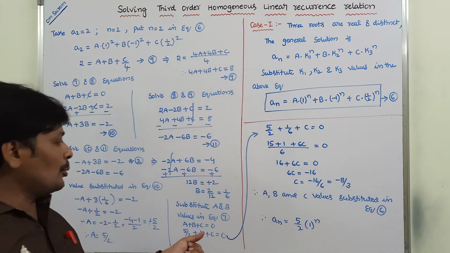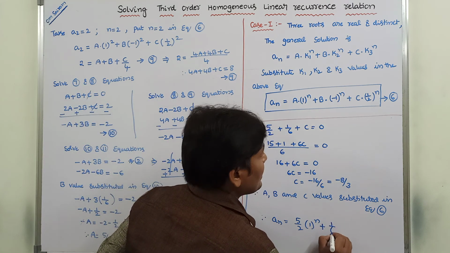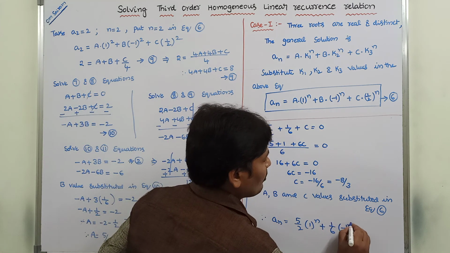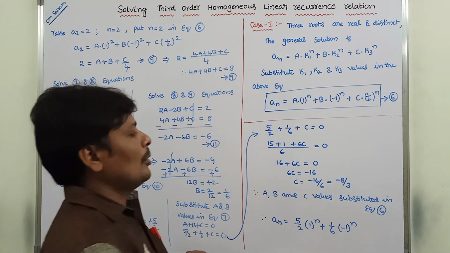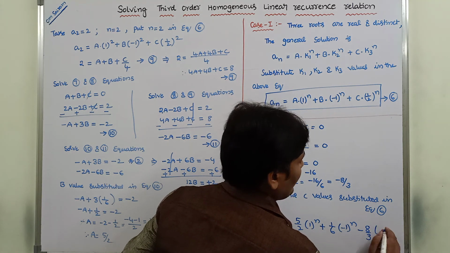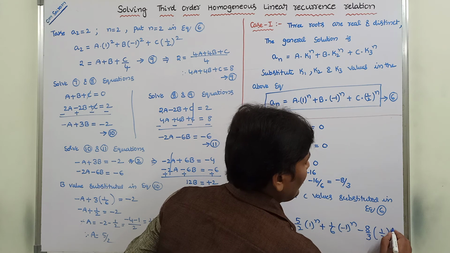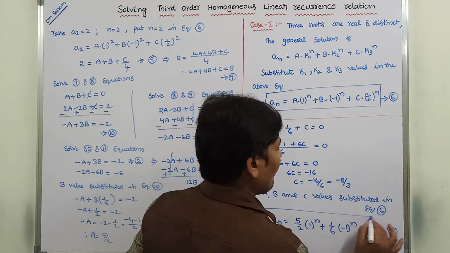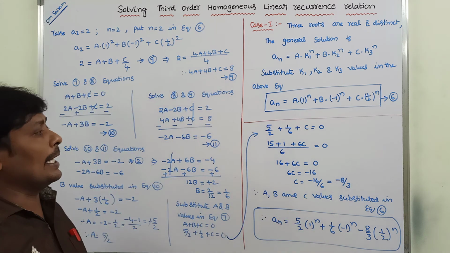Next, what is B value? B value is 1 by 6 into minus 1 power n. Next one, what is C value? Minus 8 by 3. So minus 8 by 3 into half power n. So this is the final solution of the given recurrence relation.